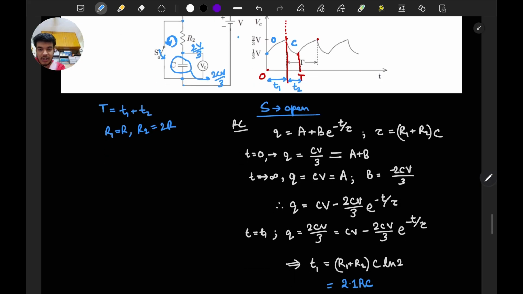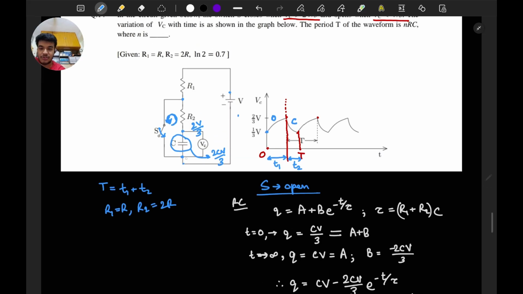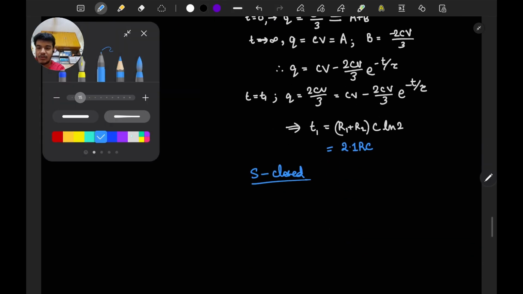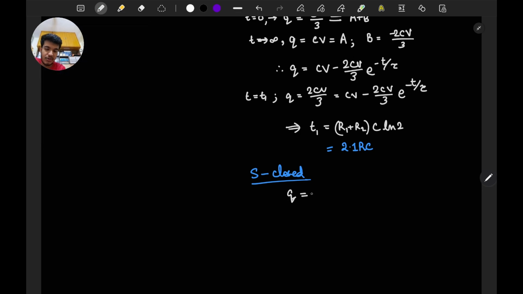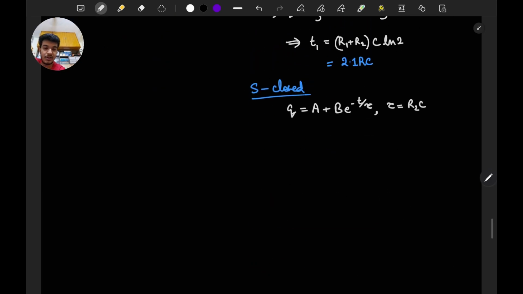If it's kept for a long time, there is no external EMF acting here, so to achieve steady state, the charge on the capacitor would become zero eventually. Similarly, we can write the transient state equation here, which is Q equal to A plus B e power minus t by tau. But here the time constant tau would only be R2C, because only the resistance R2 is involved in this circuit.